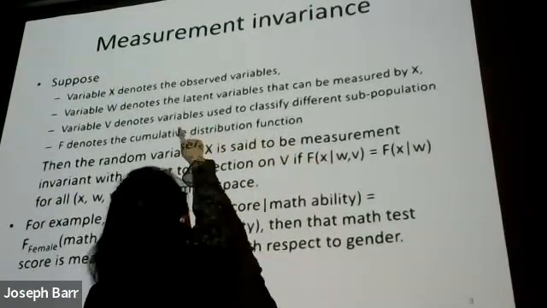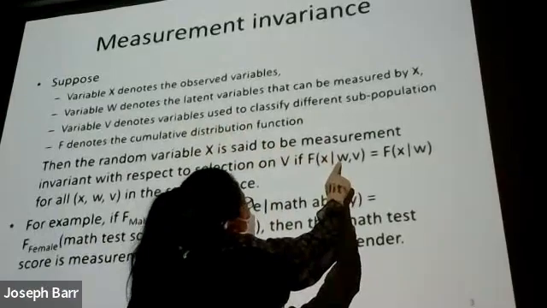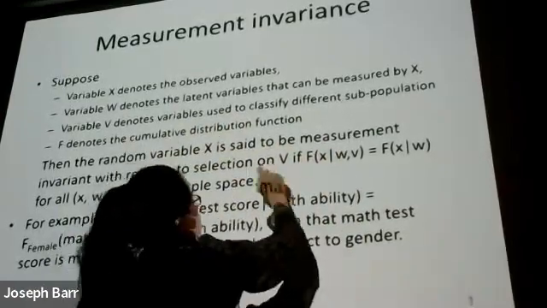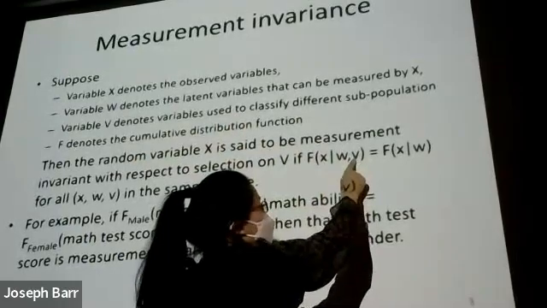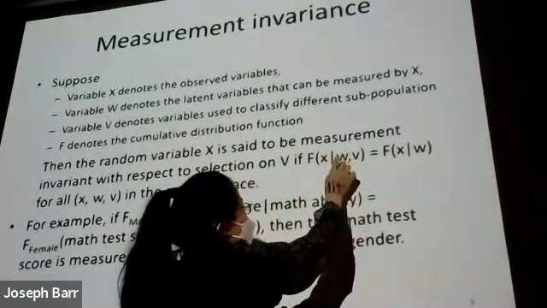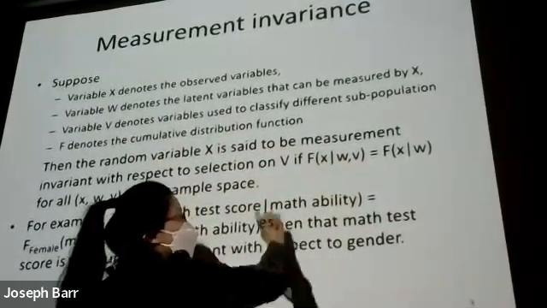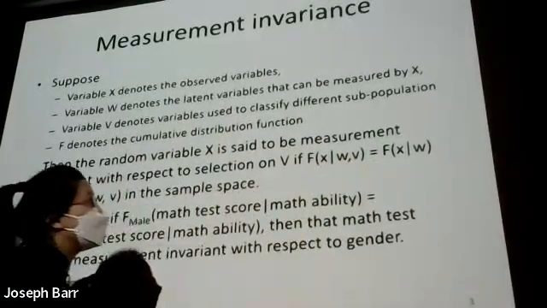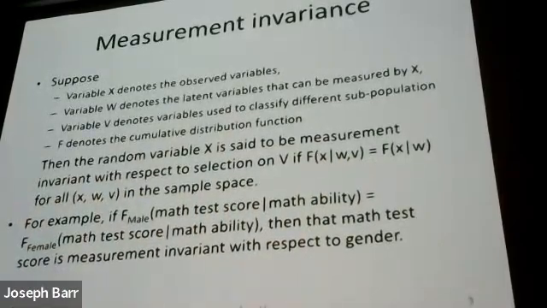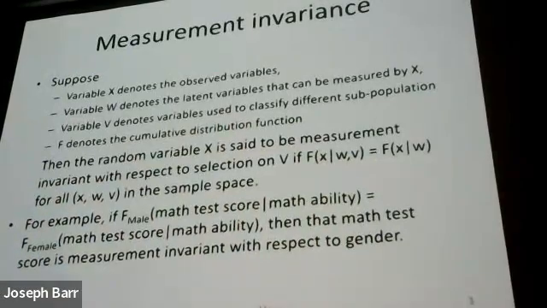X is the observed variable, which is based on the latent variable W, the latent factors, and based on the group variable. For different groups, based on different latent variables, the value of the observed variable X will be different. Let's look at the F. The random variable X is said to be measurement invariant.